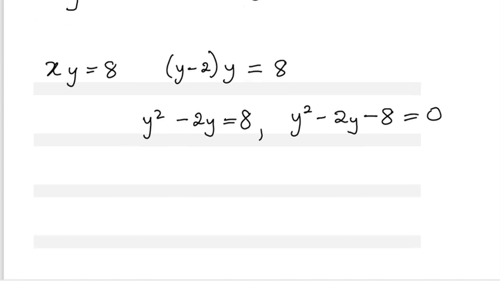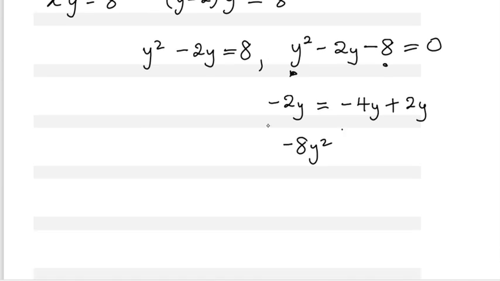If we factor this out, that means we can replace negative 2y with negative 4y plus 2y. How did we get this? If you multiply this and this, you get negative 8y squared. And then what you do next is you find factors of this that when you add them up, are going to give you this. Let me show you.